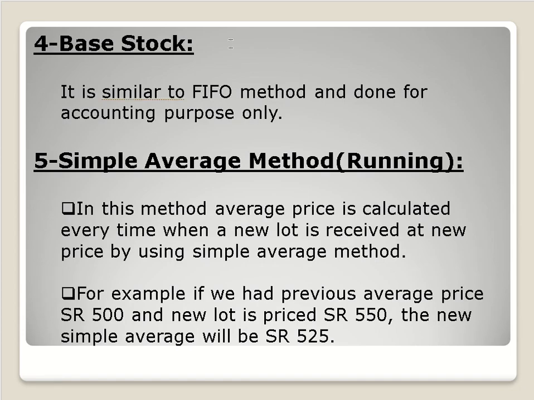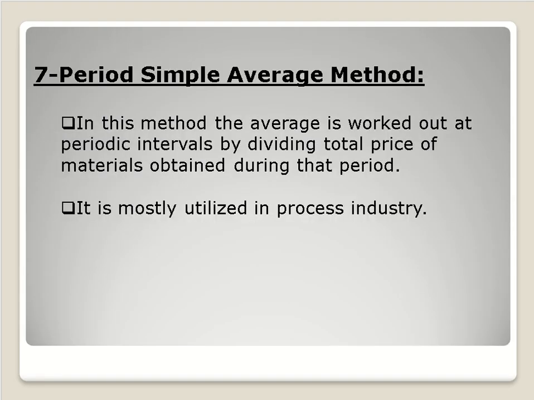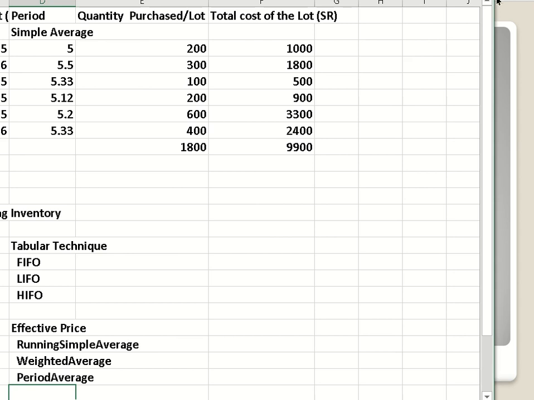This base stock is almost like a FIFO, so we will not show any computation. Then we have a simple average method, and we have a periodic simple average. Together with this slide, I'll show you a spreadsheet that would highlight that particular computation.